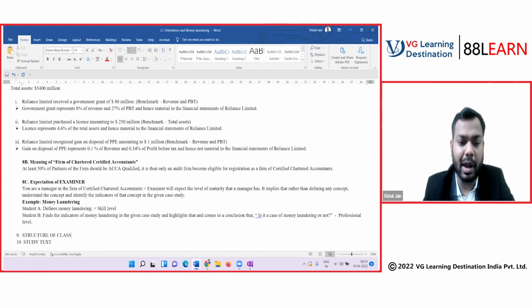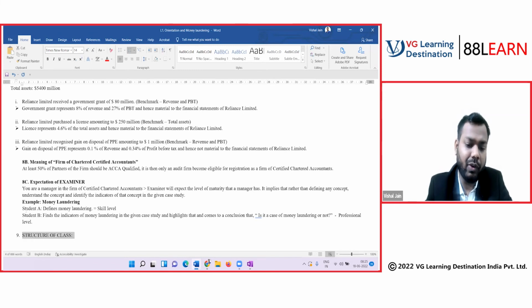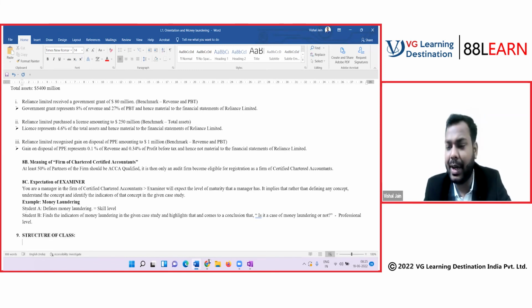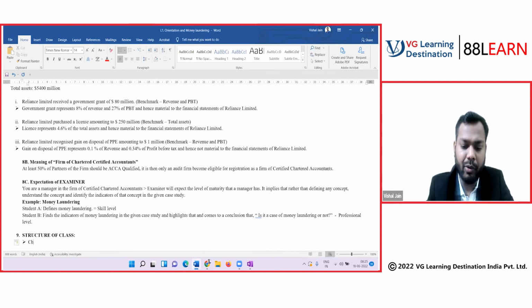Now, structure for class. Whenever we take any topic, we will discuss this way. First, I'll explain the chapter overview.